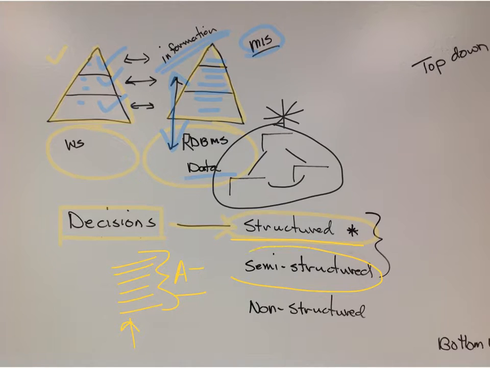Semi-structured, maybe an instructor can go in and adjust the grade a little bit based on some subjective quality measure instead of quantitative, more of a quality evaluation maybe. Non-structured are decisions that are hard for computers to make because there's no clear-cut answer to the decision.